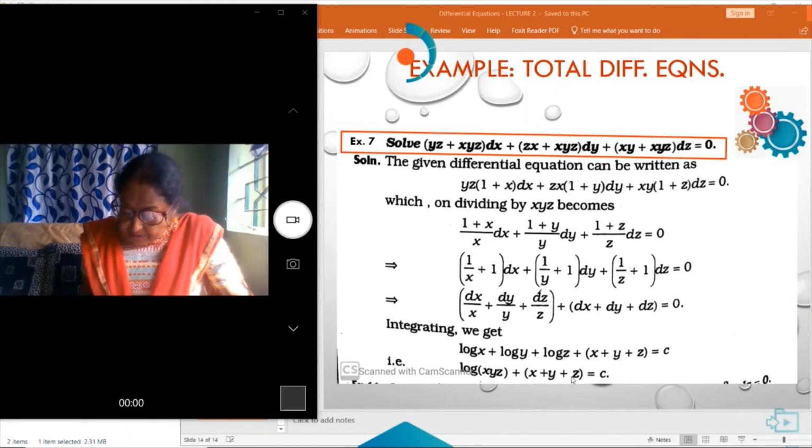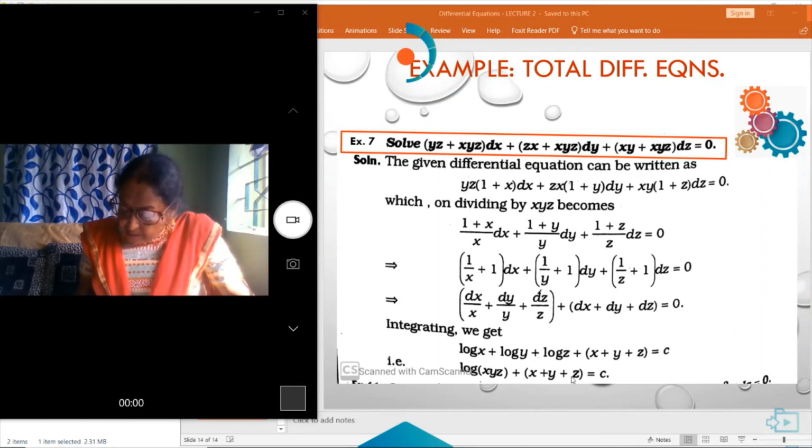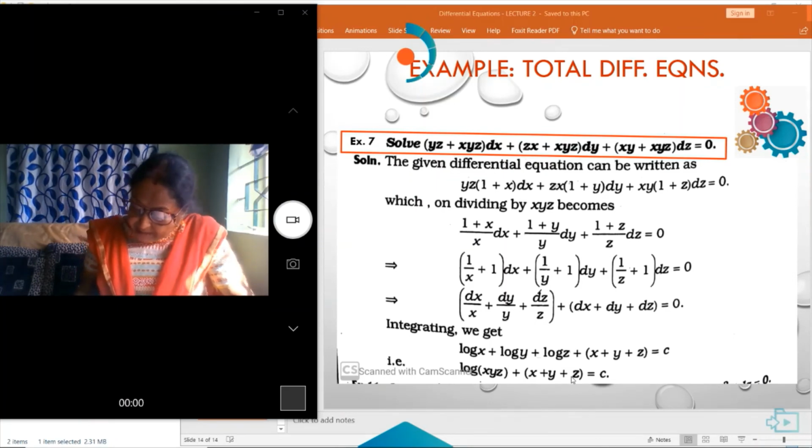After inspection, we can see that xyz is also with dx, dy and dz. So dividing throughout by x, y and z, we get 1 plus x by x dx plus 1 plus y by y dy plus 1 plus z by z dz is equal to 0.